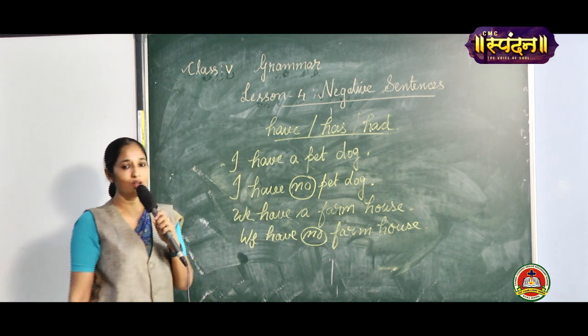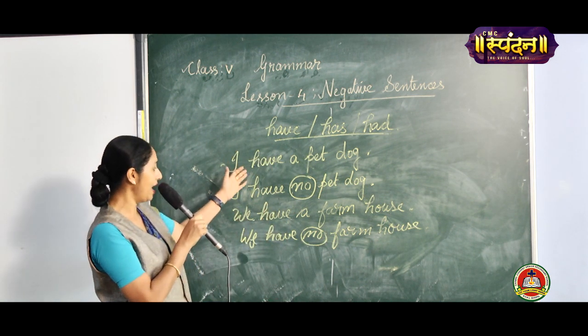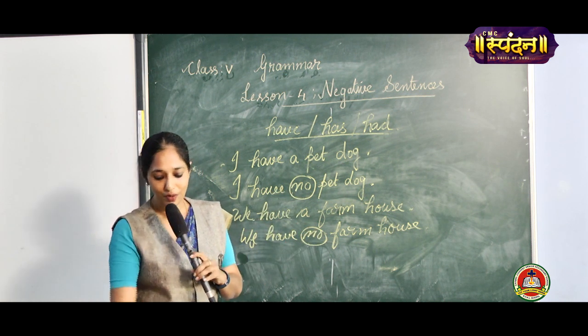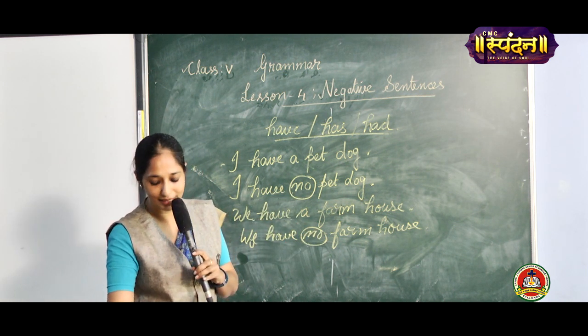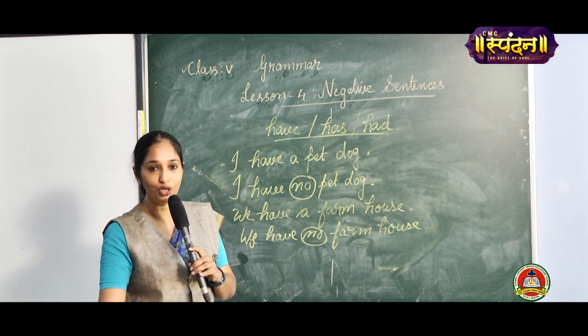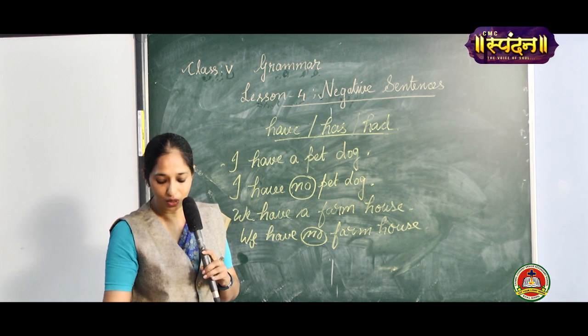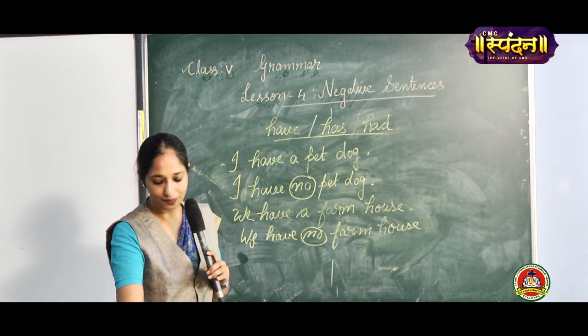So when you come across sentences having have, has, had, we form the negative by adding no to the sentence. You are supposed to put no immediately after the verb have and has.